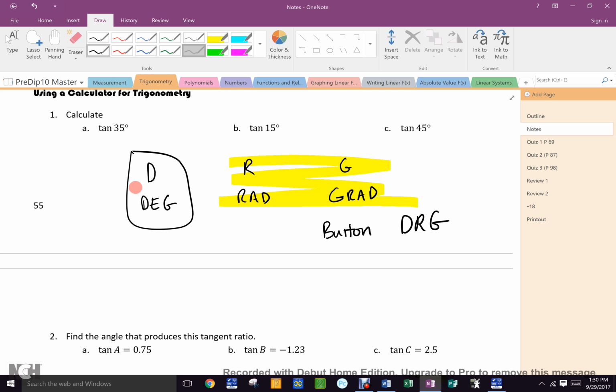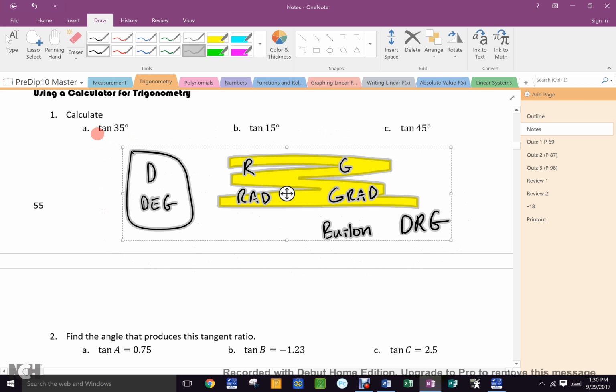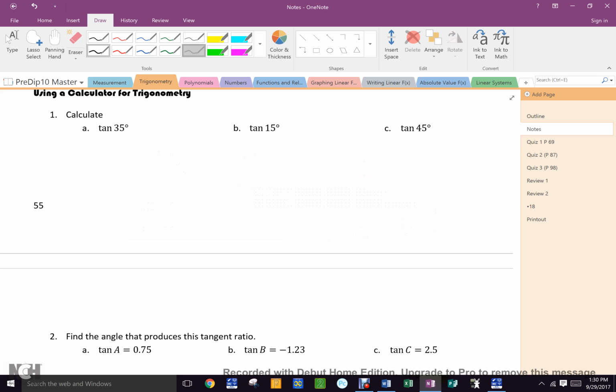Try one. Sam, bring me your calculator. There's always one in every class. It's not a put down. There's just always one. Because the DRG button is there, and then you have to press shift to activate it, because it's the yellow shift button. So I pressed it, and then did some weird stuff. 1 degrees.